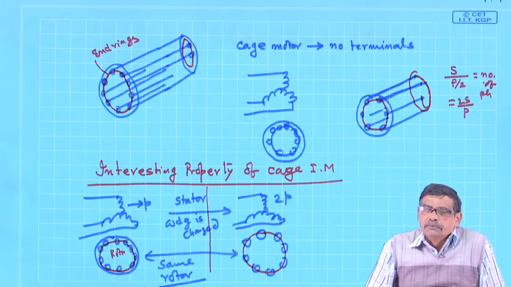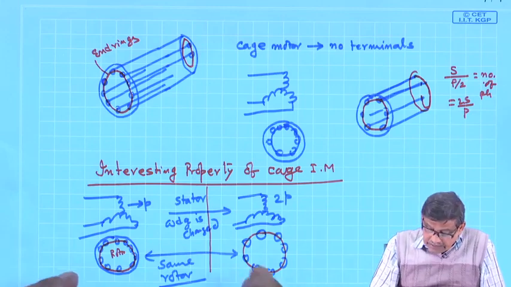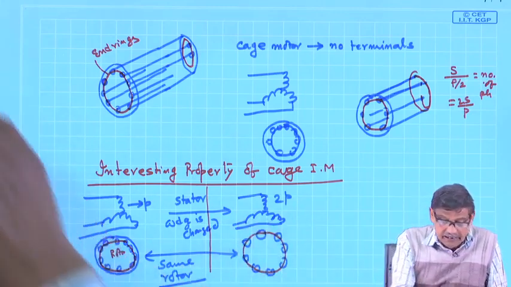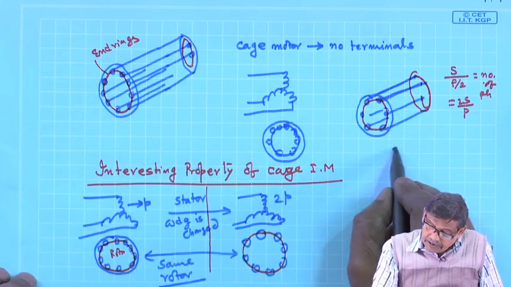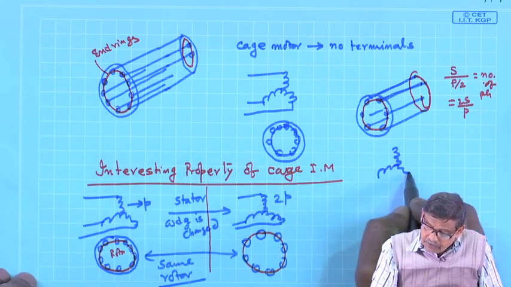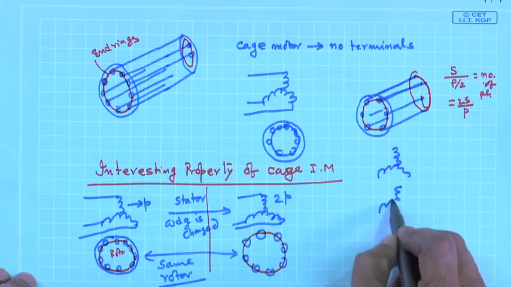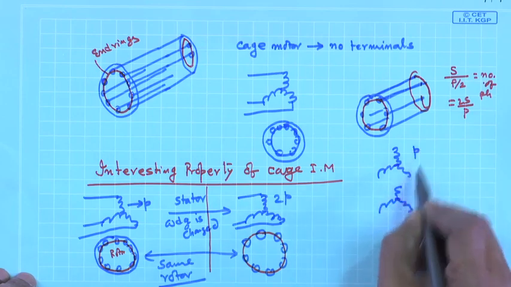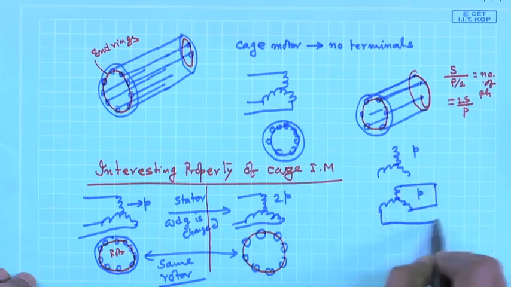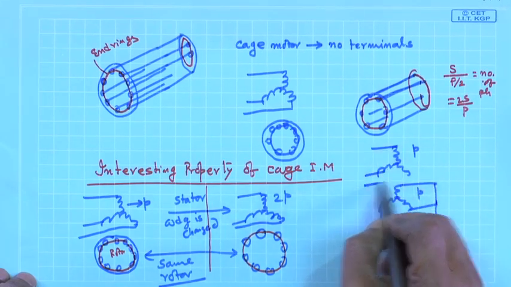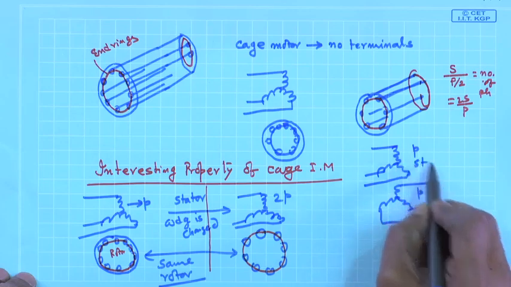In other words, what I am telling, and this is not going to happen if it is a slip ring induction motor. For a slip ring induction motor, we know both stator and rotor are to be wound for the same number of poles, and then you short circuit it, is not? This is stator, this is rotor.